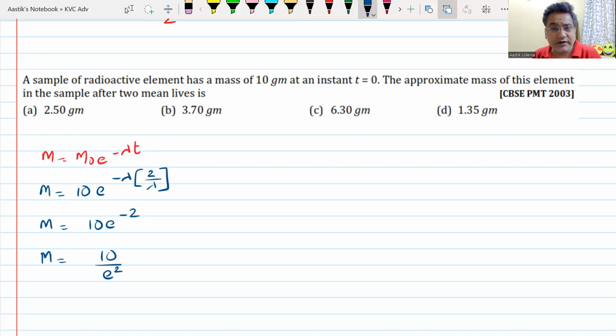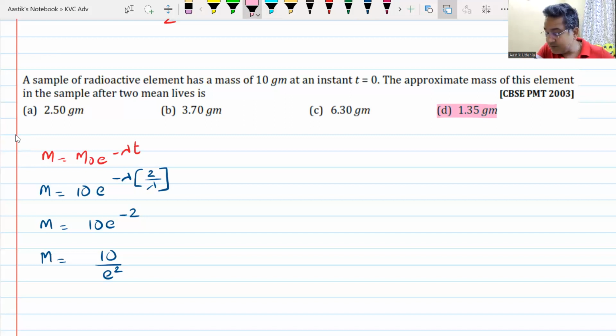In the exam, either the value of e or e square would be given to you, or you must know it, or the answer would be given in this form. In any case, when you put down the values, you will get 1.35 grams. That is the answer. Well done. We are picking up good speed.